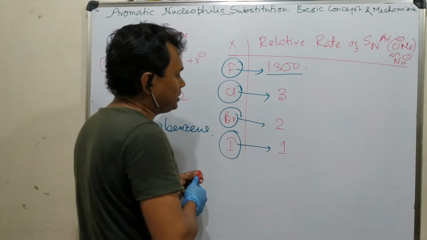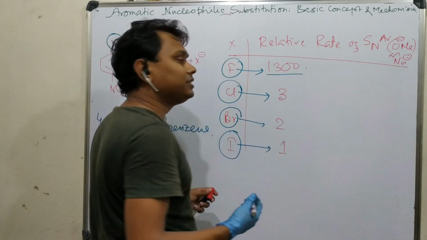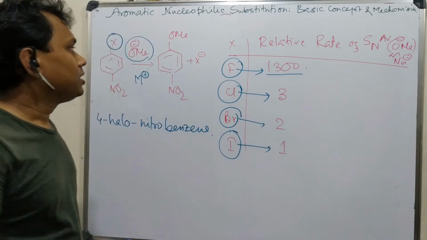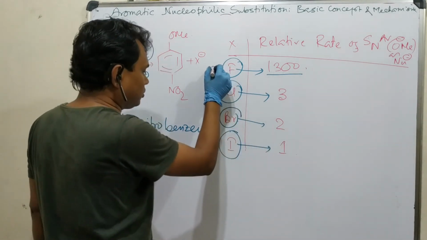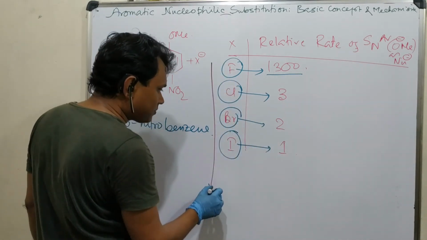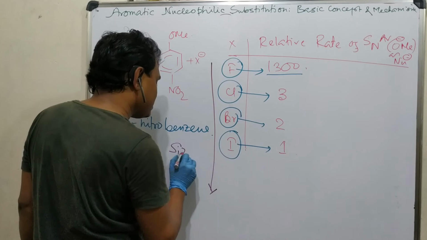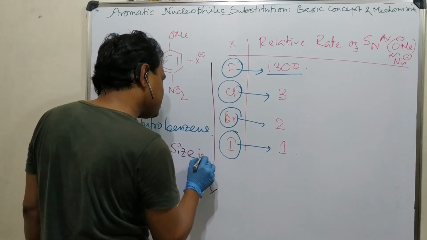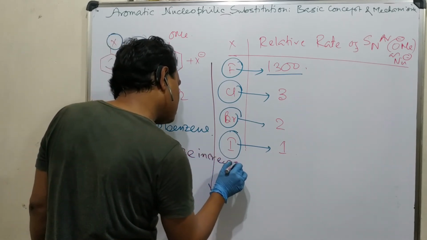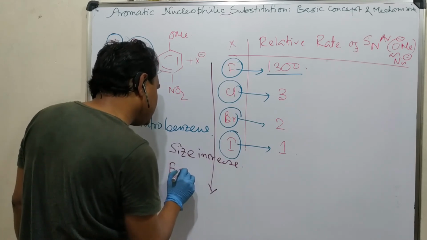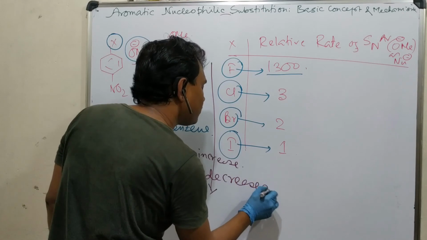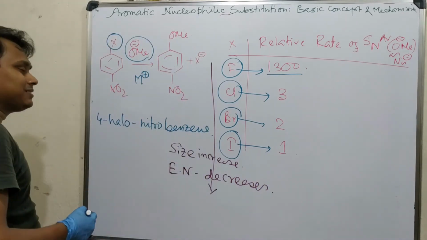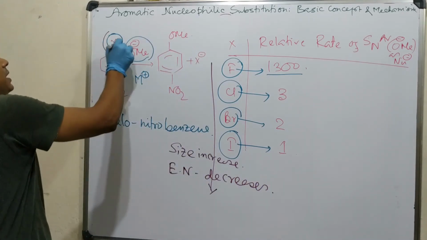Why from iodine to chlorine does the reaction rate increase? Okay? Because if you go from this side in this way, size increases and electronegativity decreases. Fine. So if size increases, what does it create?